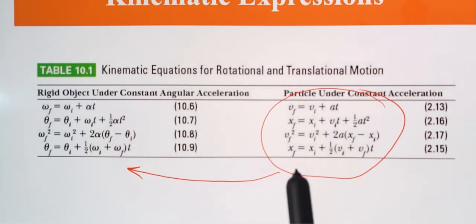We replace x by theta, we replace v by omega, and we replace a by alpha. Theta represents the angular displacement, omega the angular velocity, and alpha the angular acceleration.